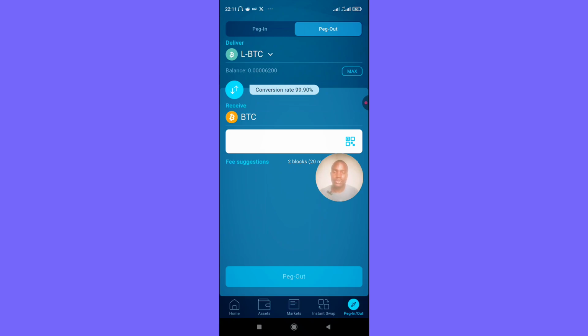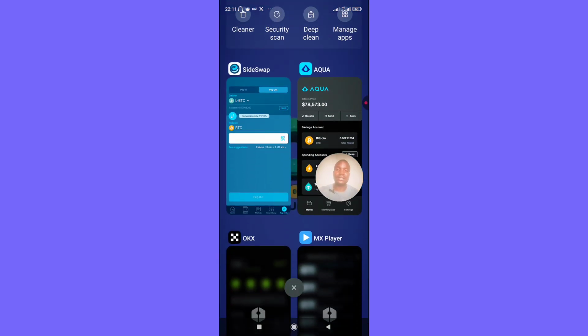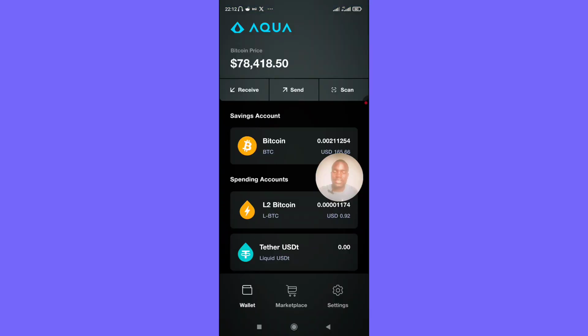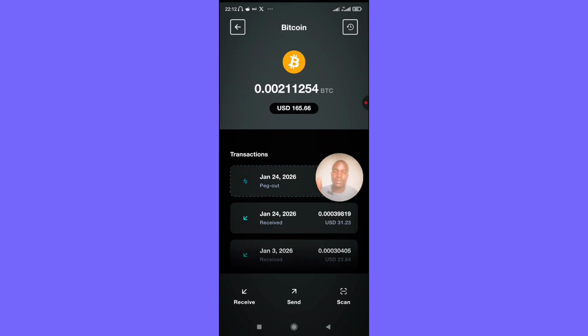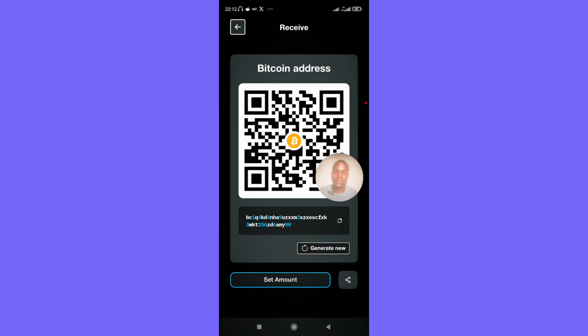When you're going to do this, you need to get a Bitcoin L1 or SegWit address. You can either use an Aqua wallet, or you can use Binance or OKX. Assuming I'm using Aqua, then I'll get the Bitcoin L1 network. So I just click on Bitcoin and then click on receive, and get that SegWit address.